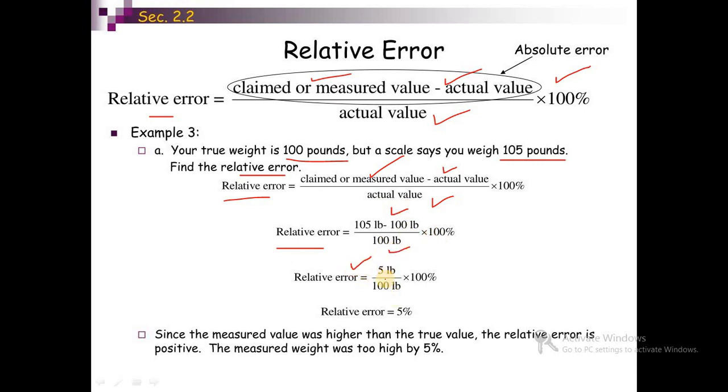So the relative error by calculation is 5%. Since the measured value was higher than the true value, the relative error is positive. The measured weight was too high by 5%. So relative error is nothing but absolute error divided by the true value, times 100%.